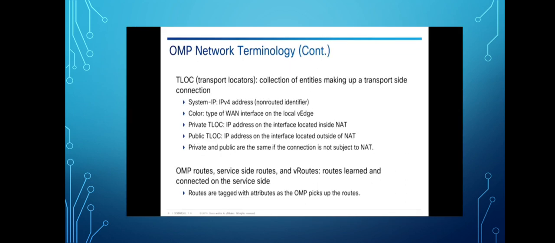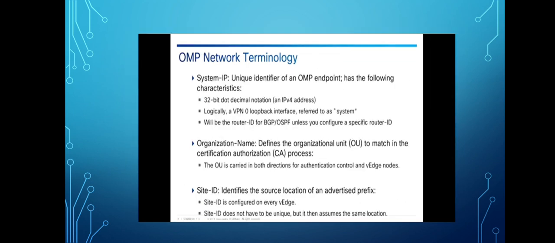We've got the system IP and we've got the organization name. The system IP is a 32-bit dotted decimal notation. It is the unique identifier of an OMP endpoint. Logically, it is a VPN 0 loopback interface referred to as system. It will be the router ID for BGP and OSPF, unless you want to configure a specific router ID, of course.